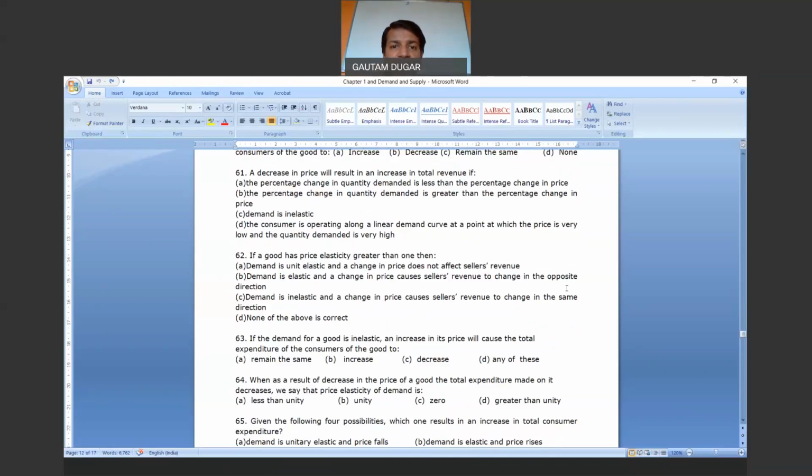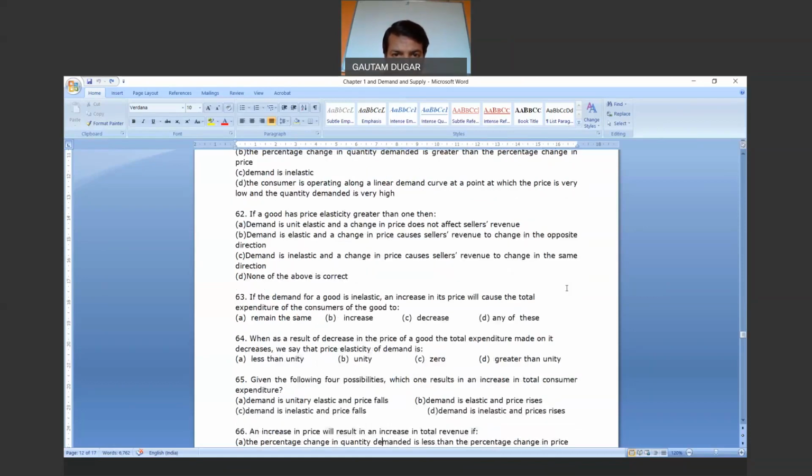That the percentage change in quantity demanded is greater than the percentage change in the price. That is elastic. 62.